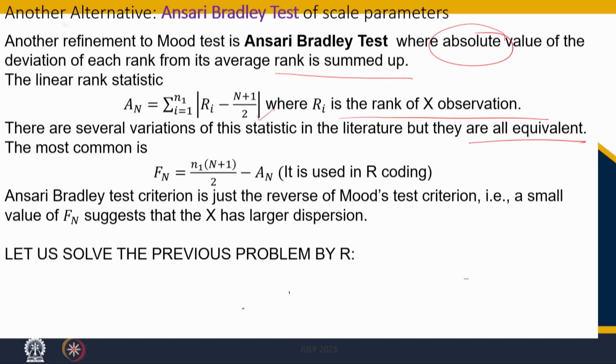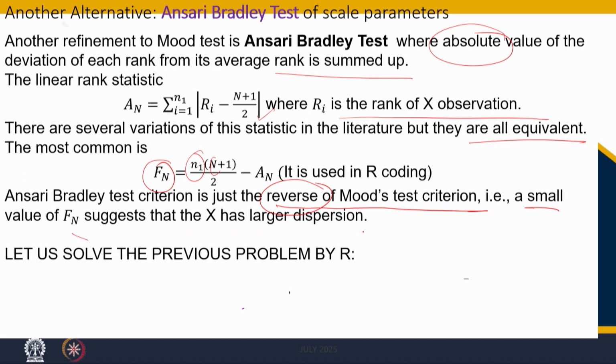Mark my word, R uses this modification of the Ansari test, generally denoted by capital Fn, N1 into (capital N plus 1) by 2 minus An. What is N1? N1 is the number of X sample observations, and capital N is the total number of observations. The Ansari-Bradley test criterion is just the reverse of the mood test criterion, that is, a small value of Fn suggests that X has larger dispersion.